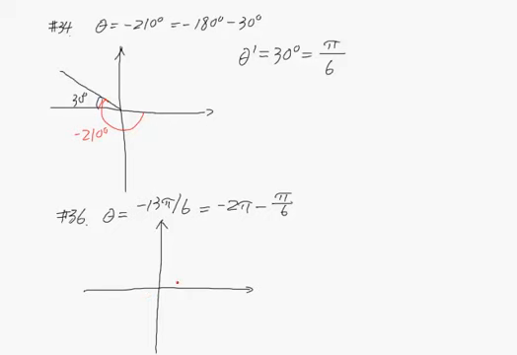Negative 2 pi is 1 revolution clockwise, followed by another angle of pi over 6. So pi over 6 here. So finally, this is negative 13 pi over 6. And what is the reference angle? Pi over 6, right?